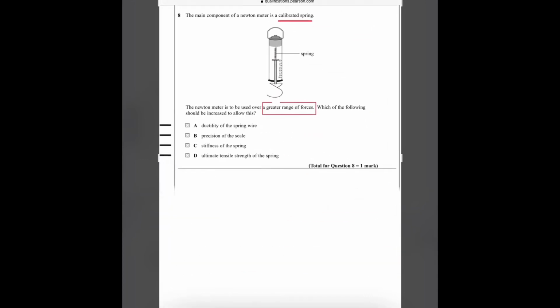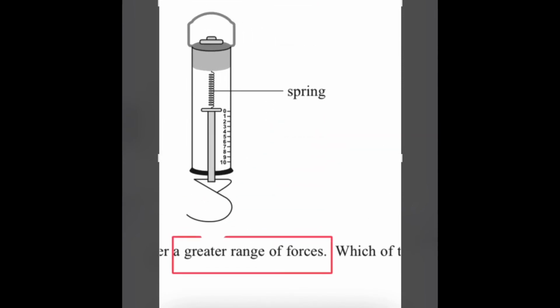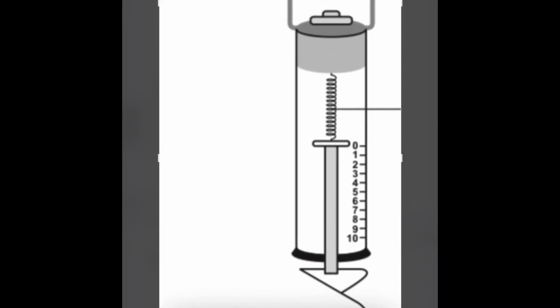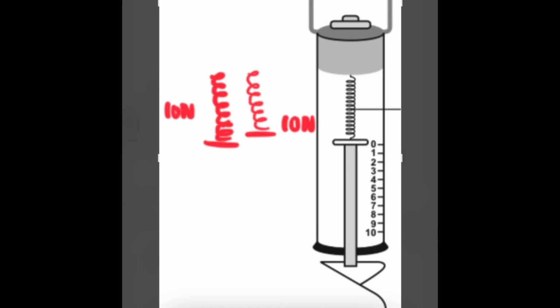So part C says the stiffness of the spring. This is correct because we can just use a thicker spring like this. For example, if we apply 10 Newton here and 10 Newton here, the extension here would be 2 meter and the extension here would be 5 meter.